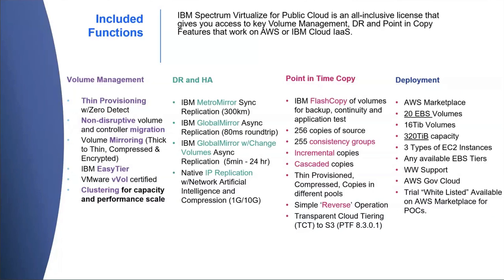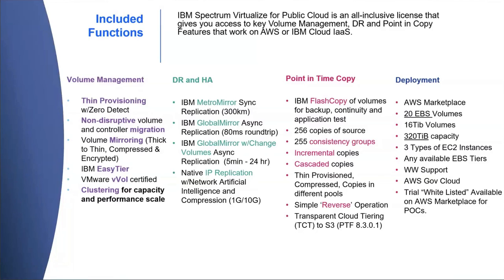These are very important features if you're trying to set up any kind of hybrid cloud capability between on-prem and one of the public clouds. All of the Metro Mirror and Global Mirror with change volumes are supported. We do recommend Global Mirror with change volumes if you're any distance from the public cloud data center, and then all the copy services are included.